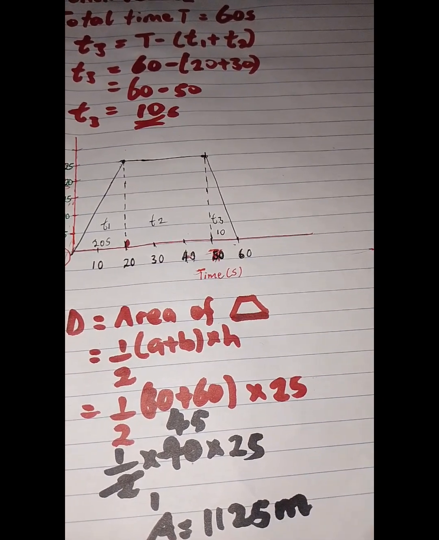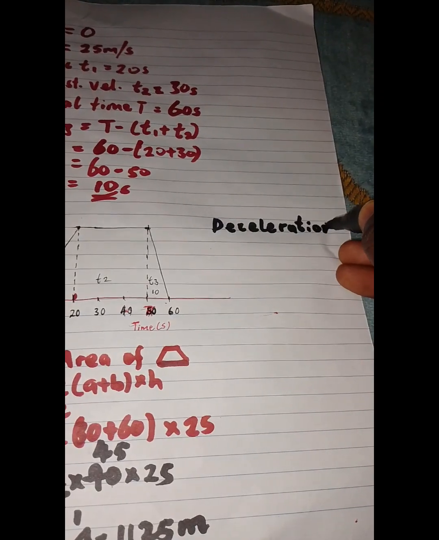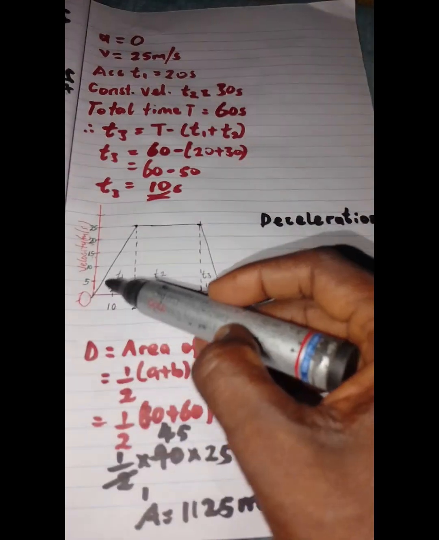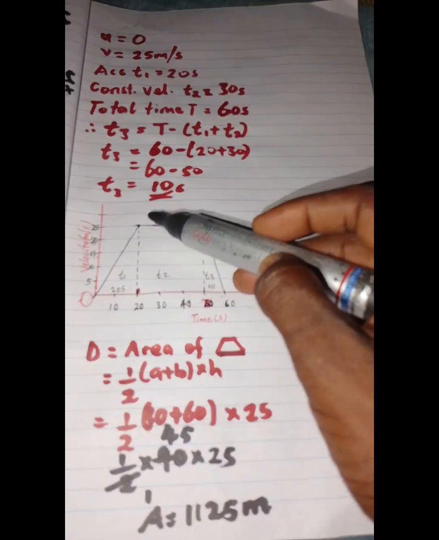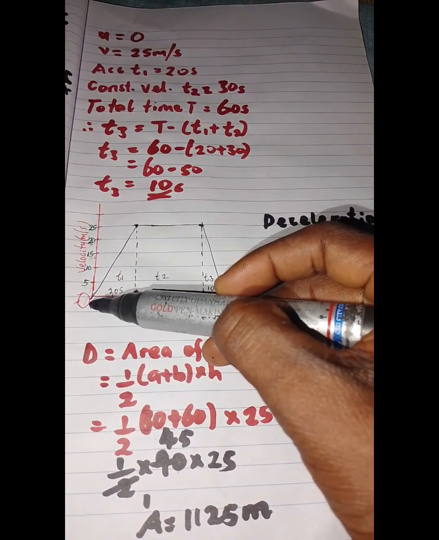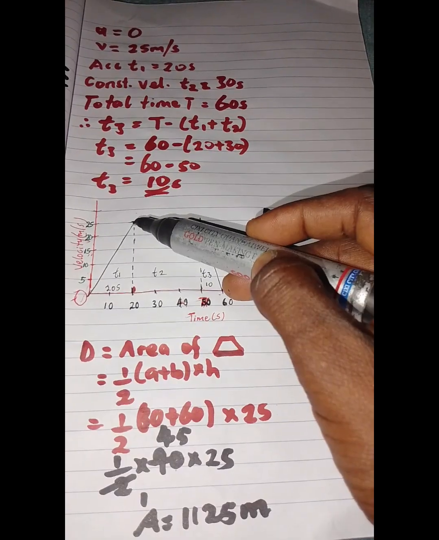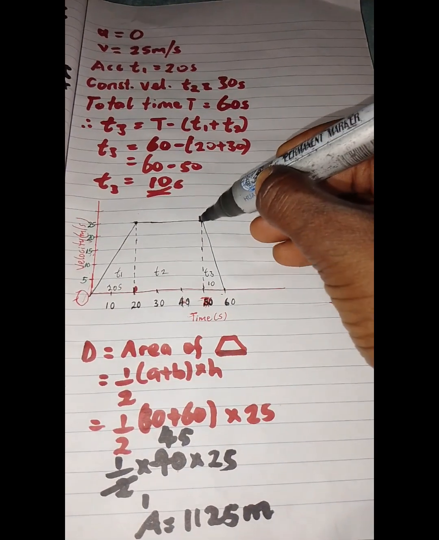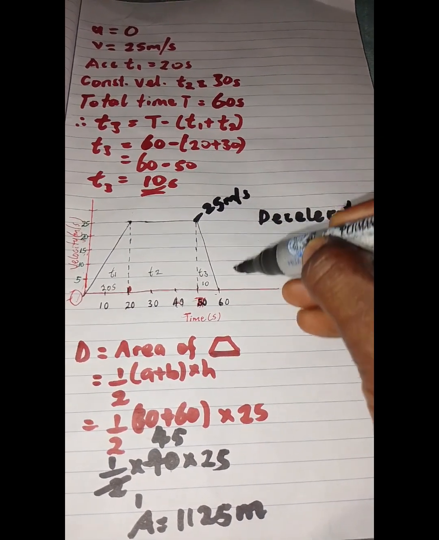It went further to say find the deceleration of the car. In the first phase, it was accelerating, with initial velocity 0 and final velocity 25 meters per second. Then it maintained 25 meters per second at this point. That means it continues until it decelerates till it becomes 0.